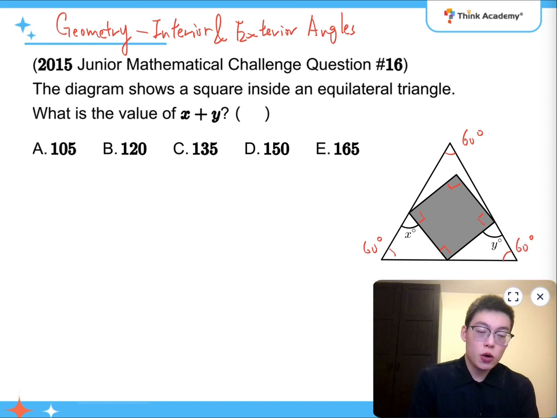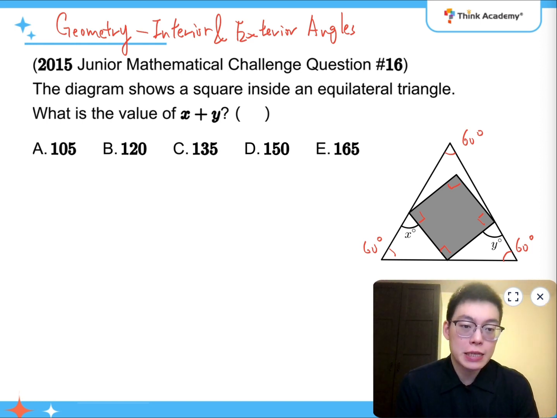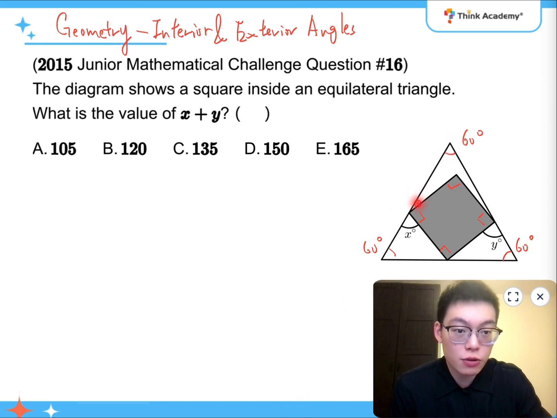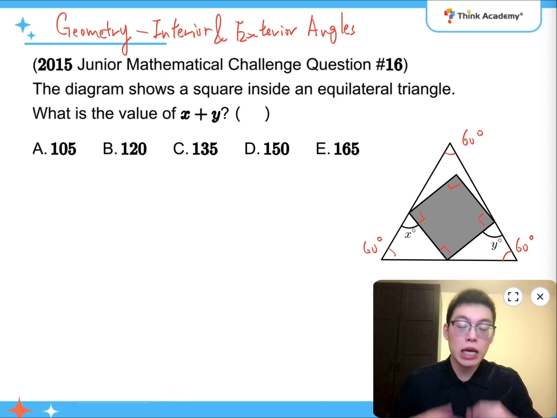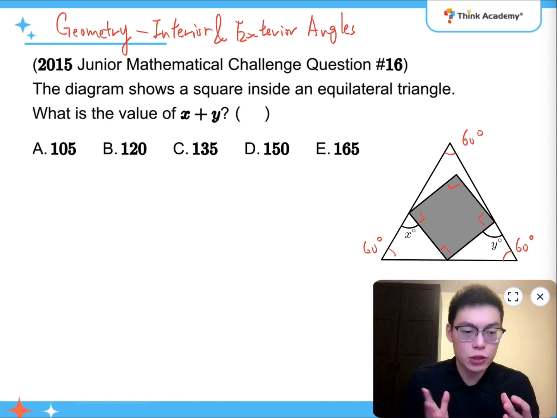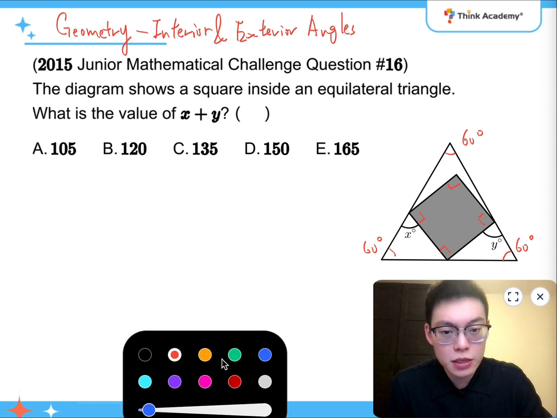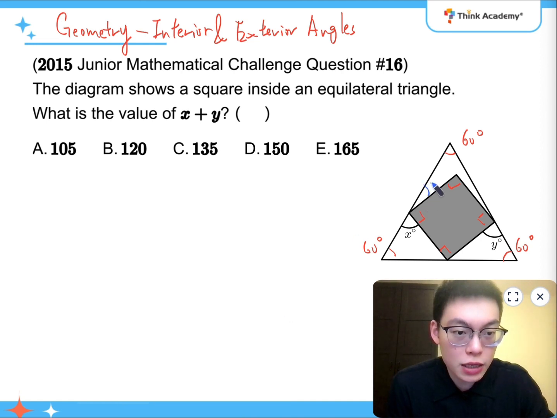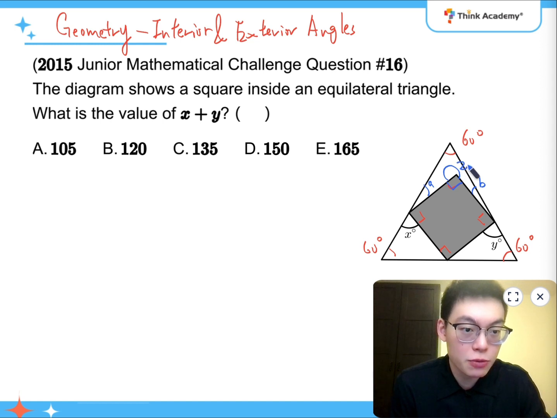Okay, so the next step we can see is that if I'm just considering this quadrilateral on the top, it's going to have an interior angle sum of 360 degrees, right? So let's say this angle is angle A and this angle is angle B, where this angle adding a right angle is 360 degrees, which means that this is 270 degrees.